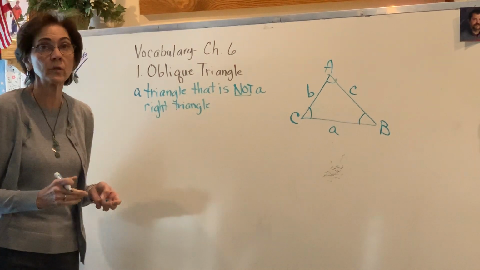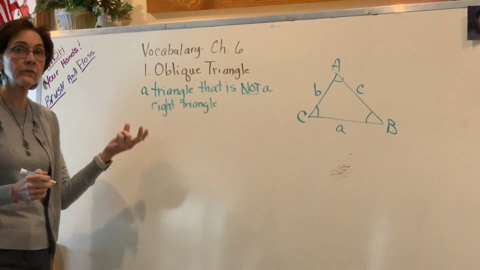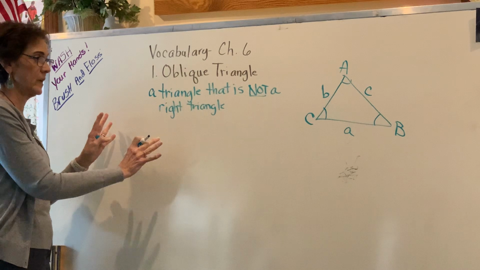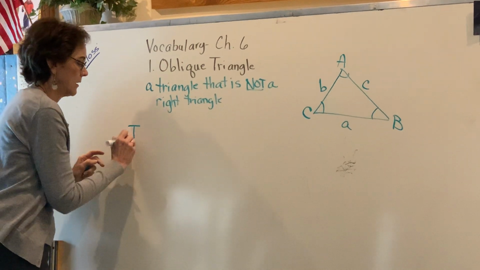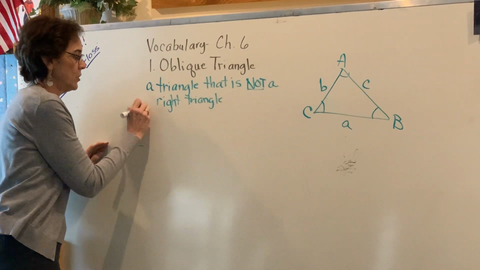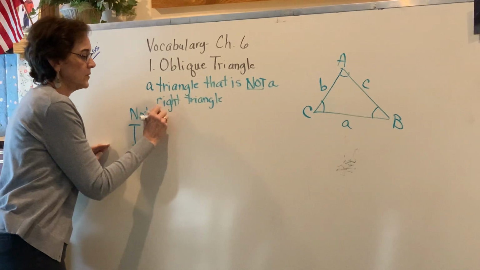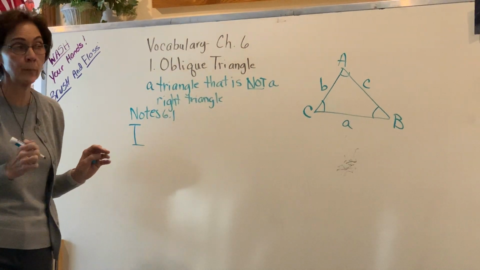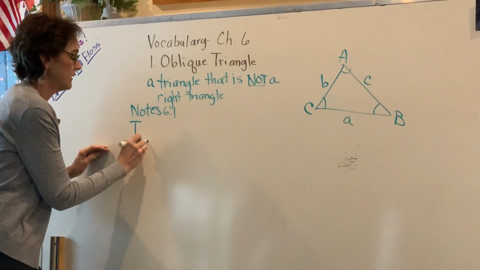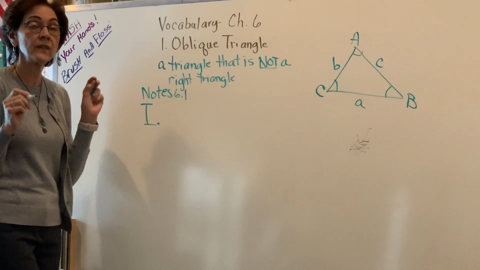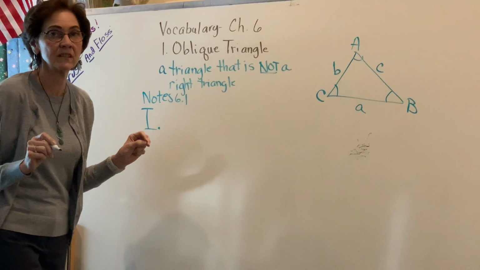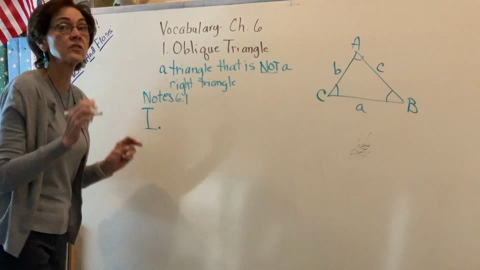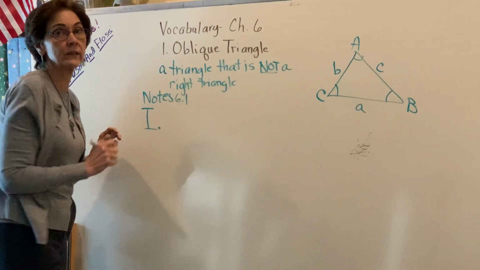Well, to solve this, if we're gonna start the notes now, that's the vocabulary. So this is notes 6.1. If you want to just put that on a piece of notebook paper, we're going to use the law of sines to solve an oblique triangle.